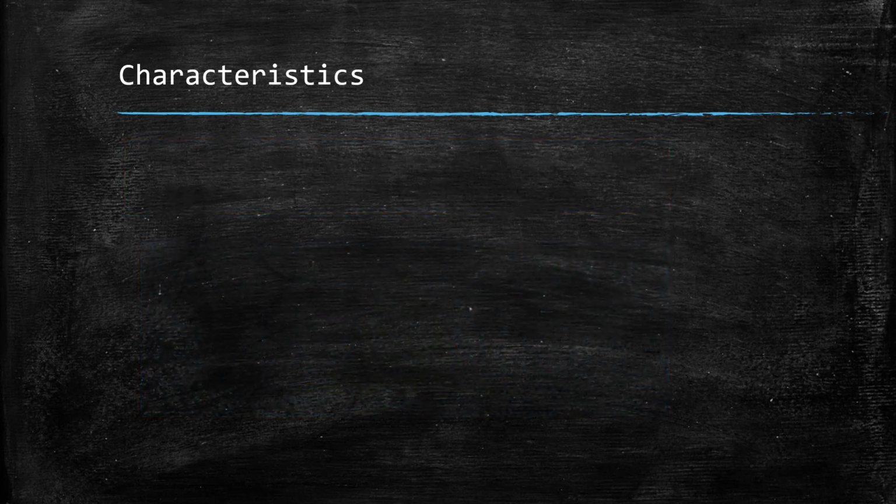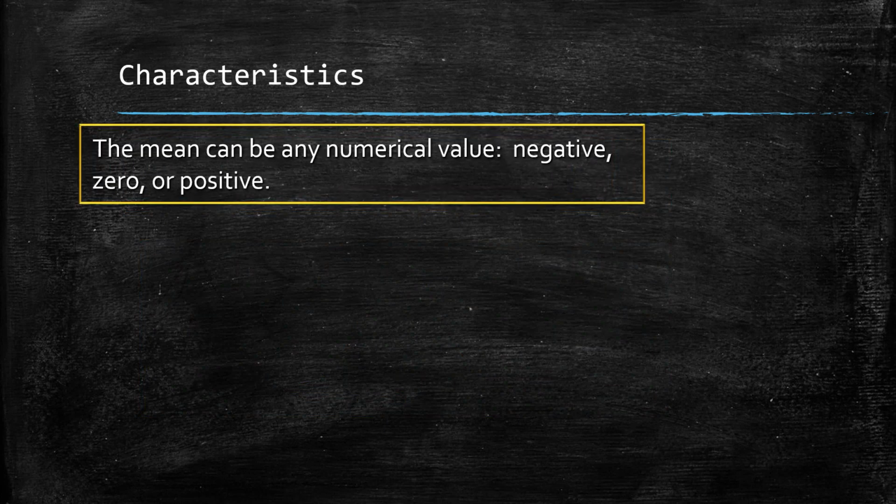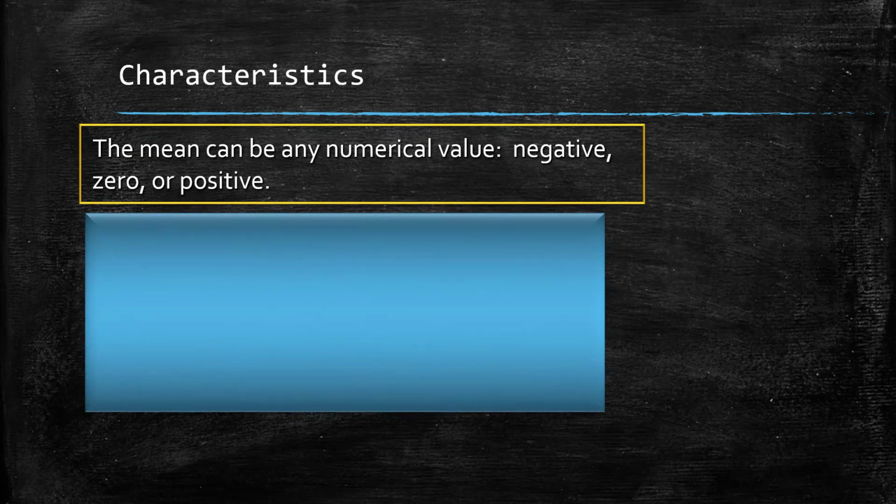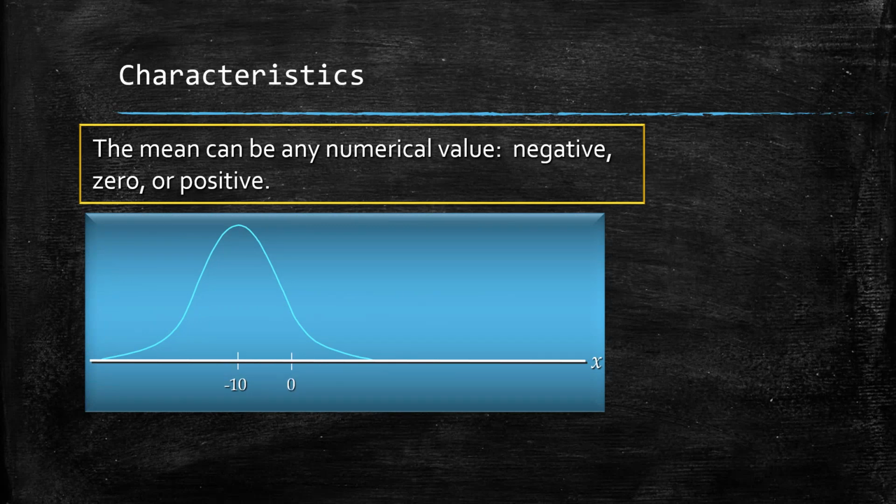Next, we know that the mean can take any value on the number line. That means the mean can be any numerical value: negative, 0 or positive. So if I have a mean of minus 10, 0, or a positive number say 25, the graph of the PDF, the normal curve, looks like this.